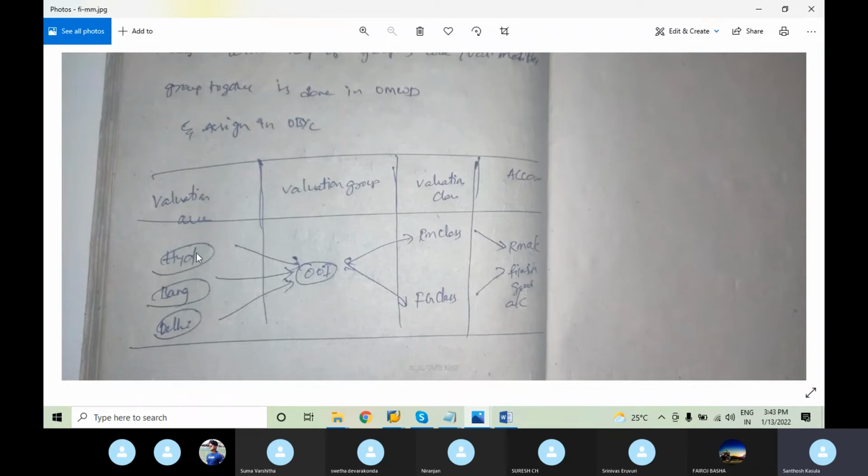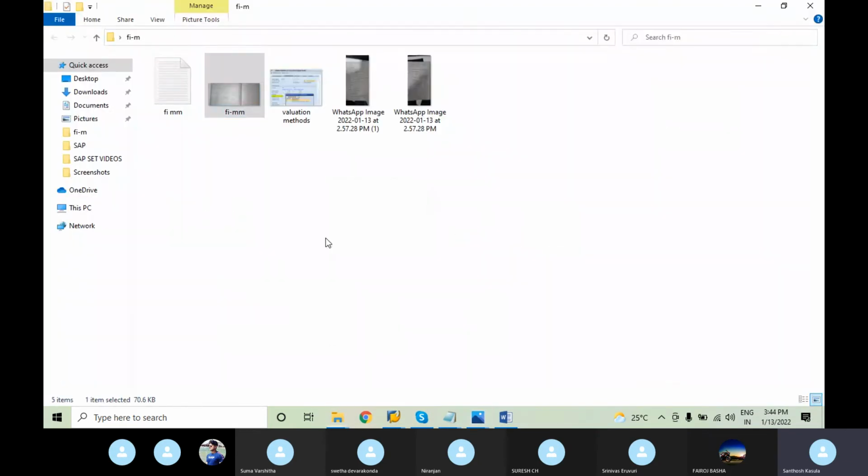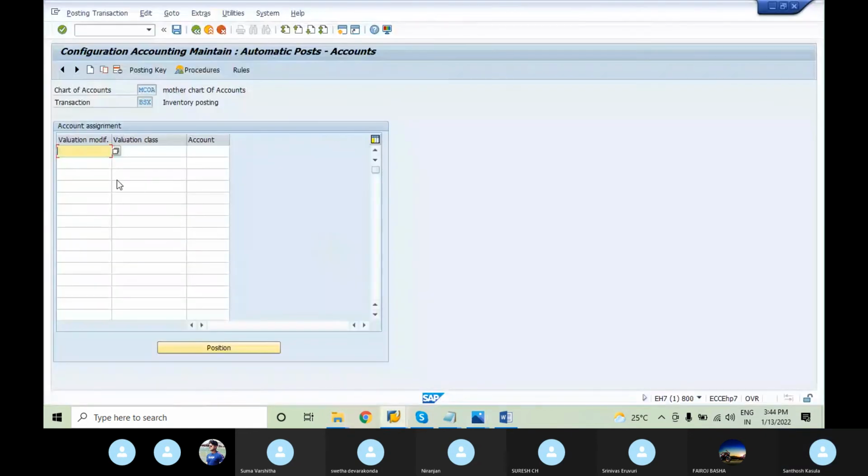Even if we are valuating at plant level, we have different prices for different plants. Even then, we have to create for one plant one modifier, the valuation grouping code. Why? Because in that grouping code only Hyderabad plant will be there. The reason is, if you can see here, we cannot assign valuation area here. That is the reason we can assign only valuation modifier. Even if it is one plant, we are grouping it as a valuation modifier, and we are assigning it here.